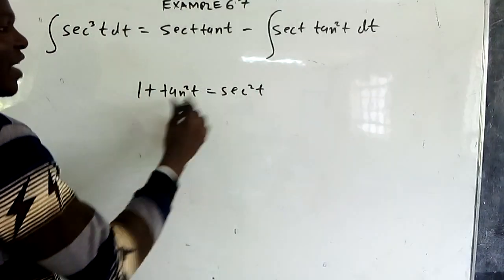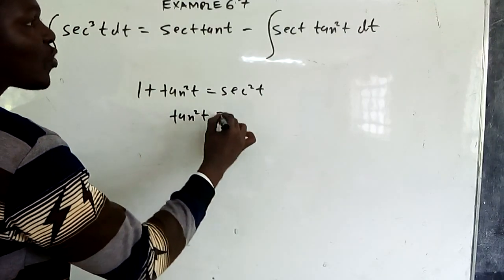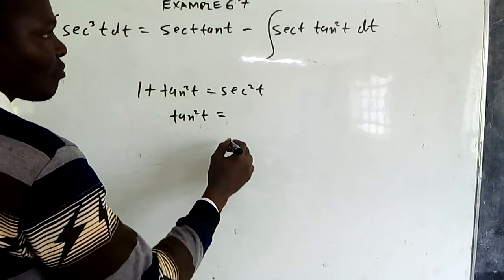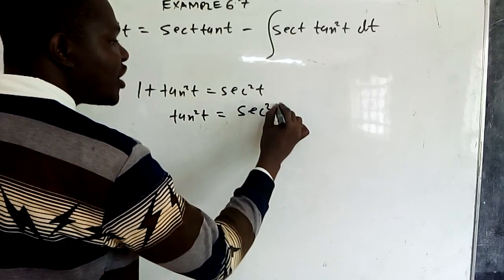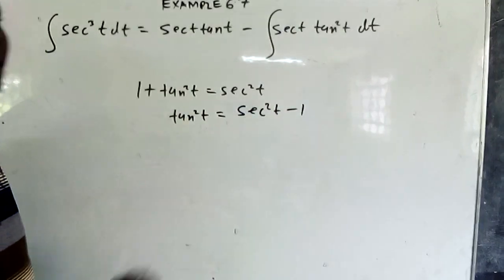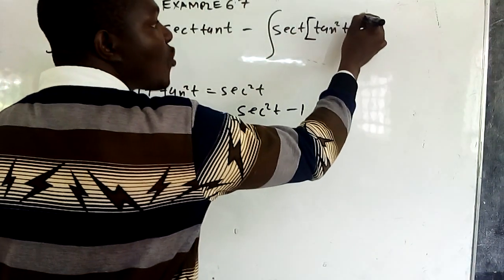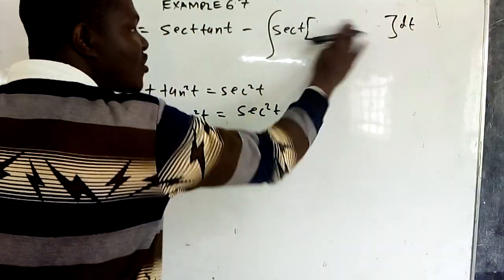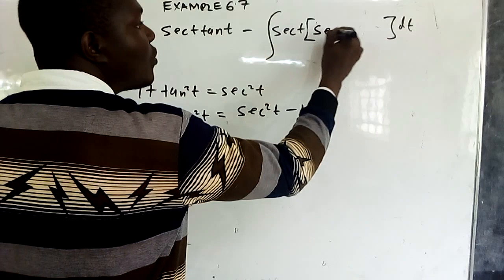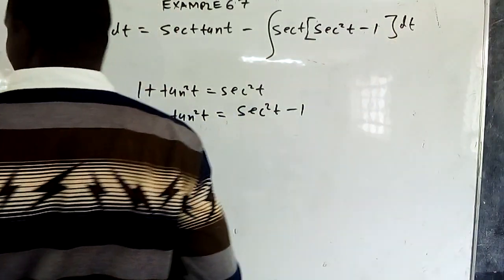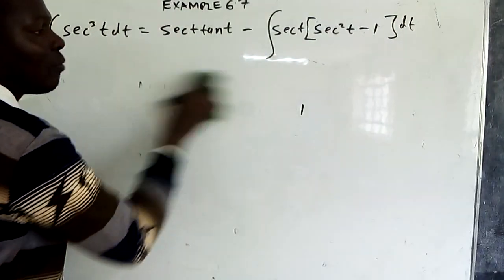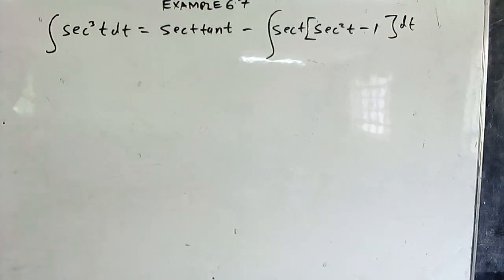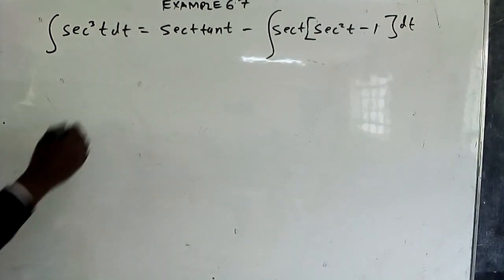So if you take 1 to the other side, tan squared t is the same as sec squared t minus 1. Where you have tan squared t, you put its corresponding value, which is sec squared t minus 1, using the Pythagorean identity. So can we now go?